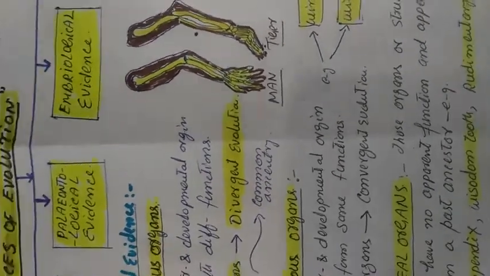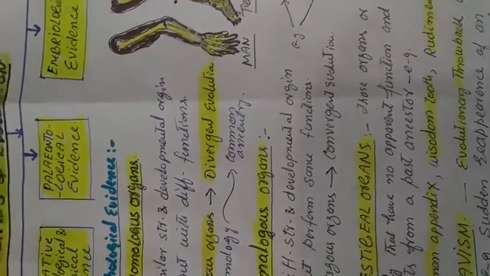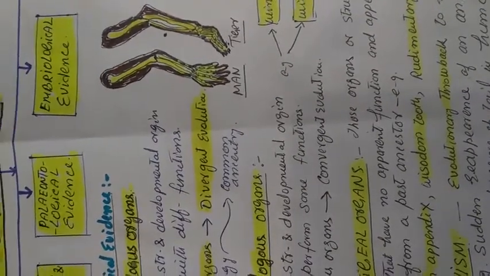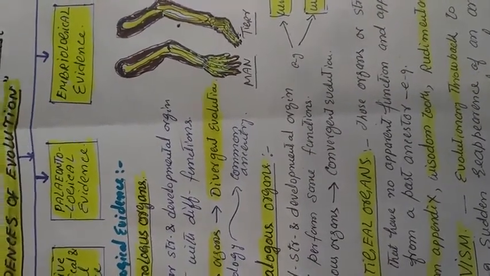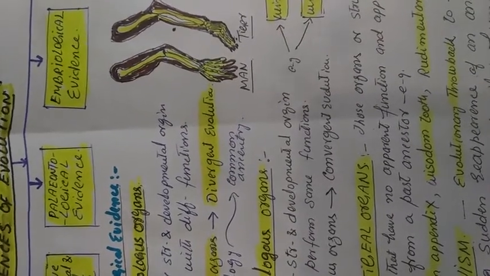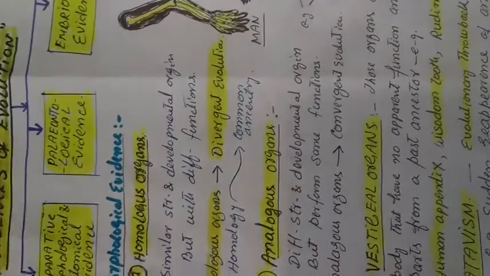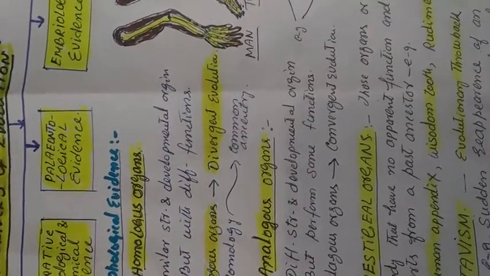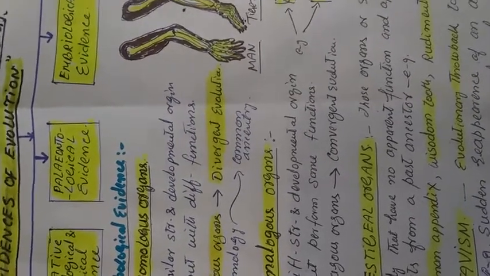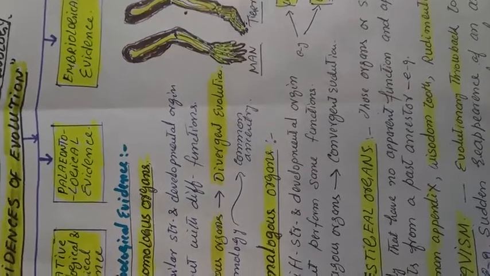Similarly, the sweet potato is an underground tuberous root and potato is an underground stem, but both are modifications and are meant for the storage of food. These are therefore examples of analogous organs. Similarly, the gills of prawn and the lungs of humans are also analogous organs. That is, structurally they are entirely different, but they perform the same function.